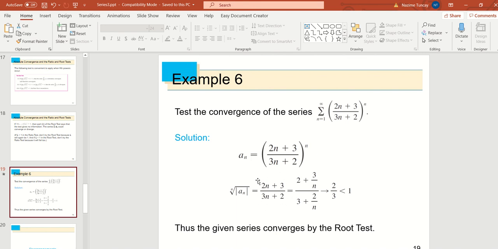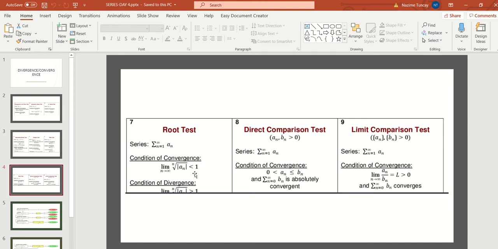We only have this one, and by dividing both numerator and denominator by n, we have 2 plus 3 over n over 3 plus 2 over n, and we see that as n goes to infinity, this approaches 2 over 3. 2 over 3 is smaller than 1. So what was our rule for the root test? When it is smaller than 1, then it is convergent.